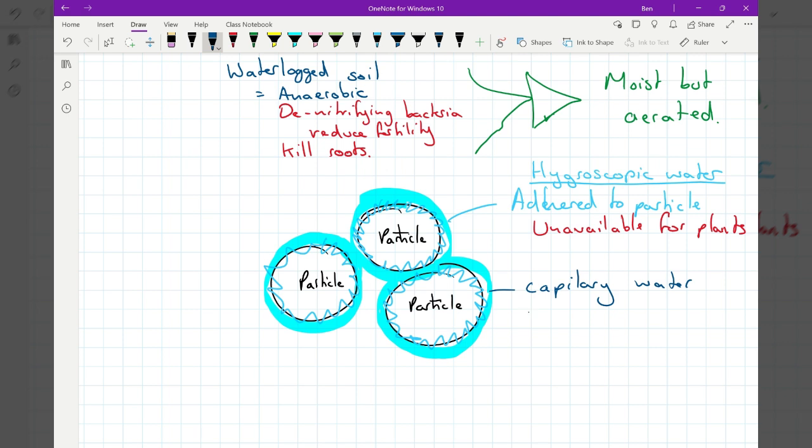This doesn't drain easily, because it's held tightly, but not too tightly held. And this means that it's available for plants.